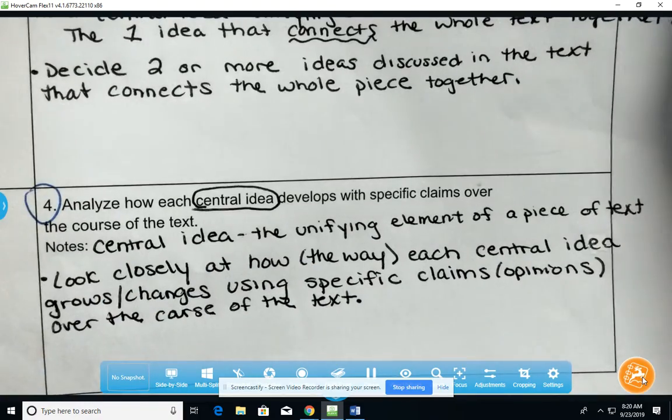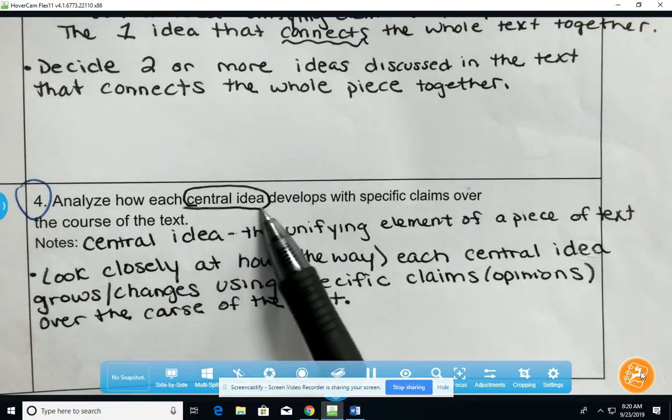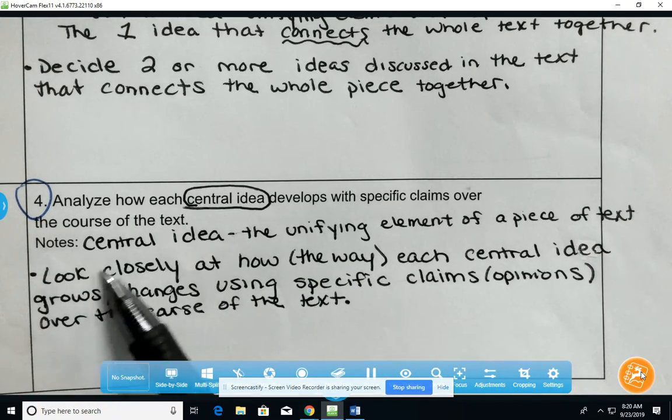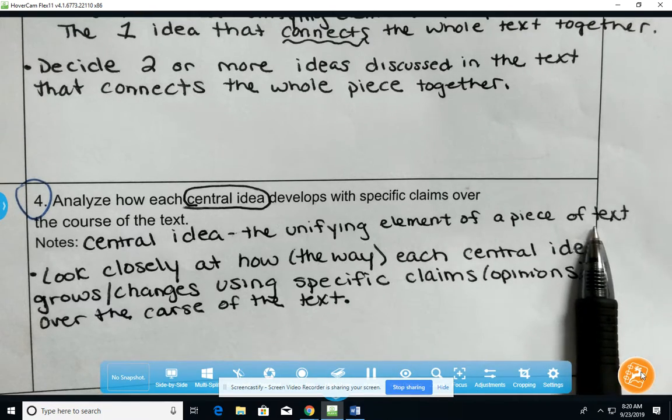We are also looking in the first phase of reading at learning target number 4 to analyze how each central idea develops with specific claims over the course of the text. Remember, we said that central idea is that unifying element that connects the whole piece of the text together.